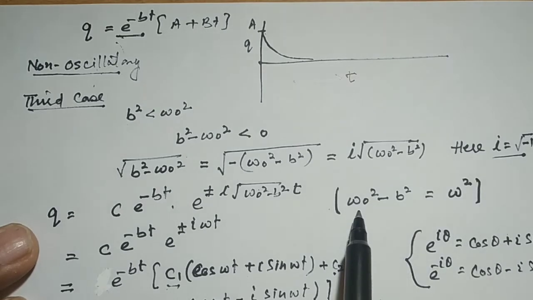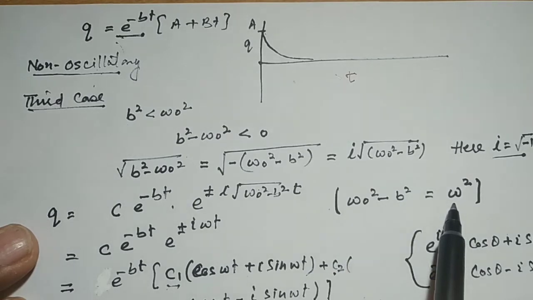Here omega naught is the natural frequency of oscillations which are free from damping, whereas this omega is the frequency of the damped oscillator.